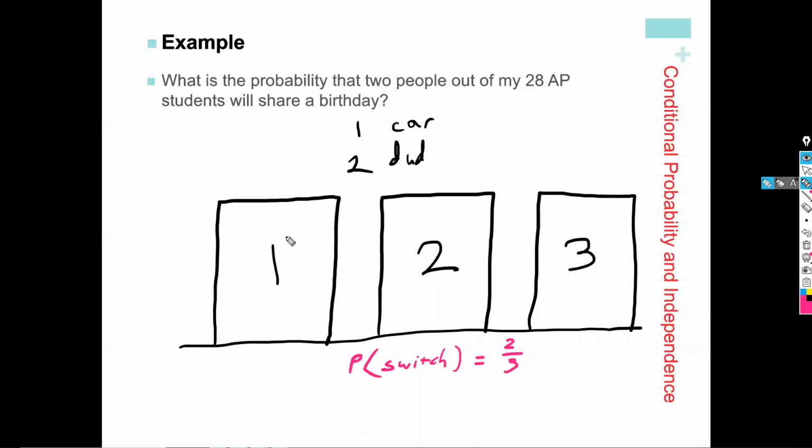So let's look at it from the all-knowing concept of what the host sees. So let's say that the car is behind door number 1. So we have the car, not a can, a car. We have the car behind door number 1, and we have the dud prizes behind the other 2 doors.